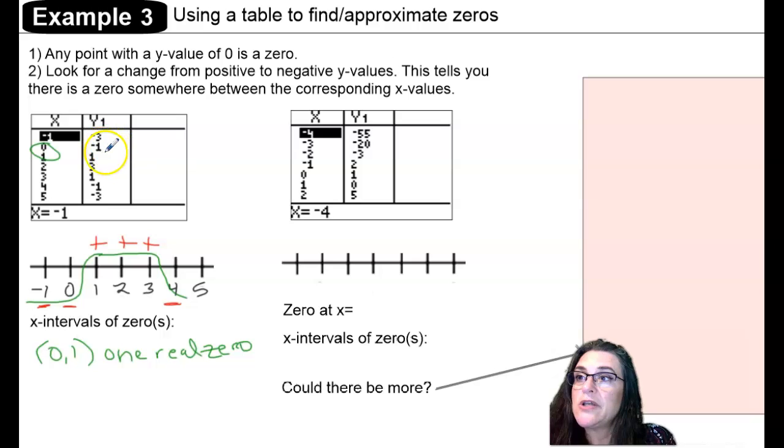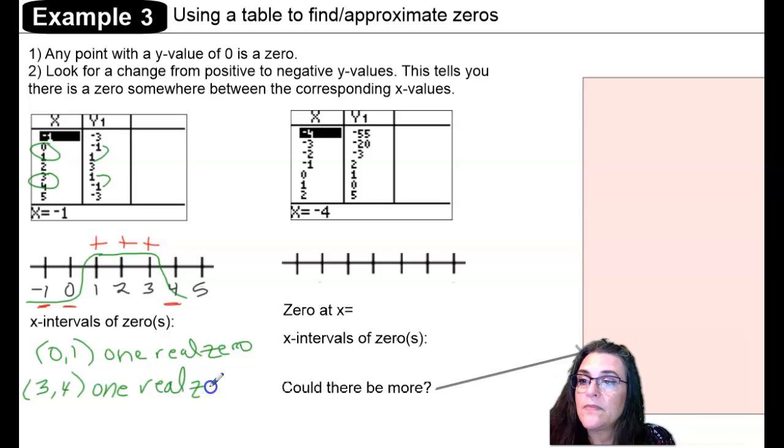So here where we change signs in the y value, from negative to positive, gave us an interval from 0 to 1. Now we're going to change from positive to negative here between 3 and 4. So my interval from 3 to 4, non-inclusive, is going to be at least one more real 0. So now there are at least 2 real zeros in this graph.